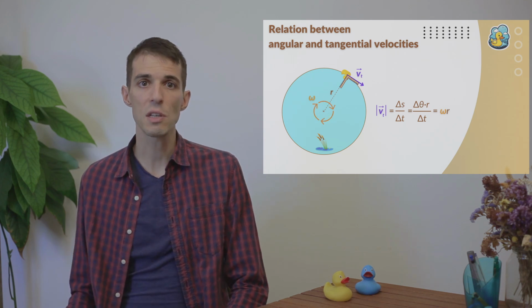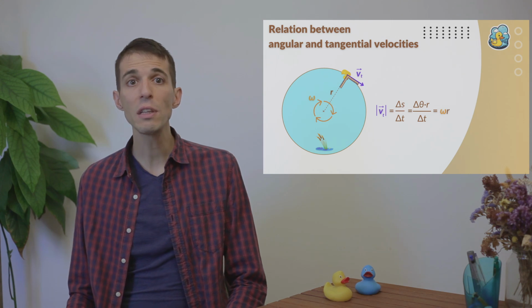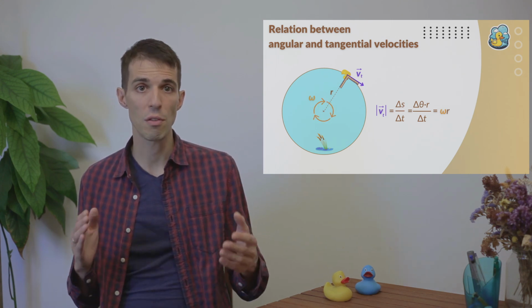This formula tells us that for a given angular velocity, omega, the linear velocity v increases as you move farther from the center of rotation. That's because objects which cover angles at equal rates but are farther from the center of the circle cover more distance in the same amount of time.